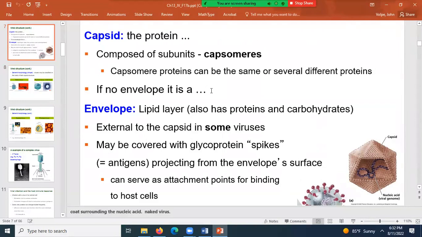If the virus has an envelope, we call it an enveloped virus. If the virus has no envelope, it is called a naked virus. So if the virus is like this, only has the genome and its capsid, it's a naked virus. This is an enveloped virus.